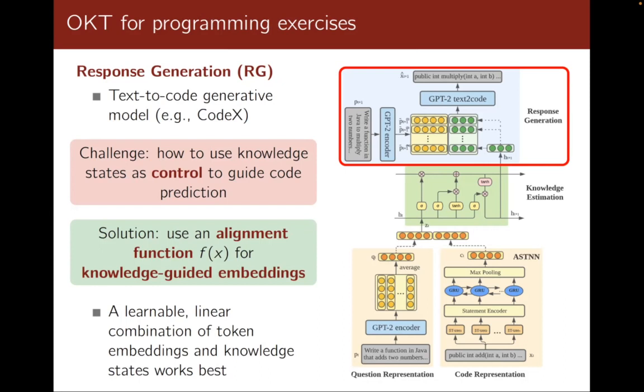Of course, you can use tools such as clustering. But the way we are specifically regularizing this knowledge space is by using the continuity in time: a student's knowledge state cannot jump dramatically from time to time.